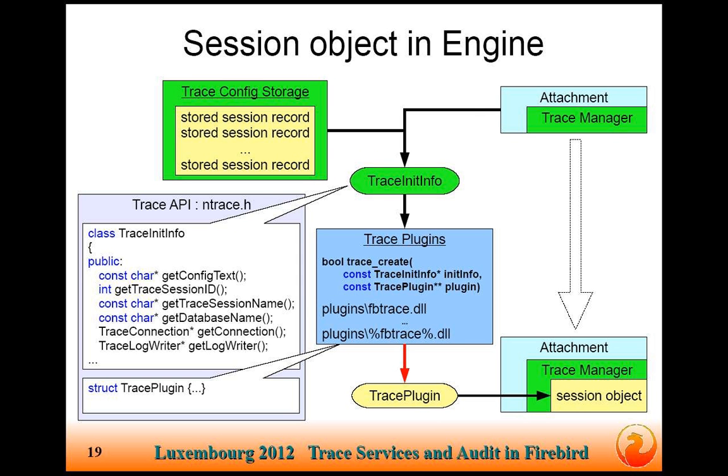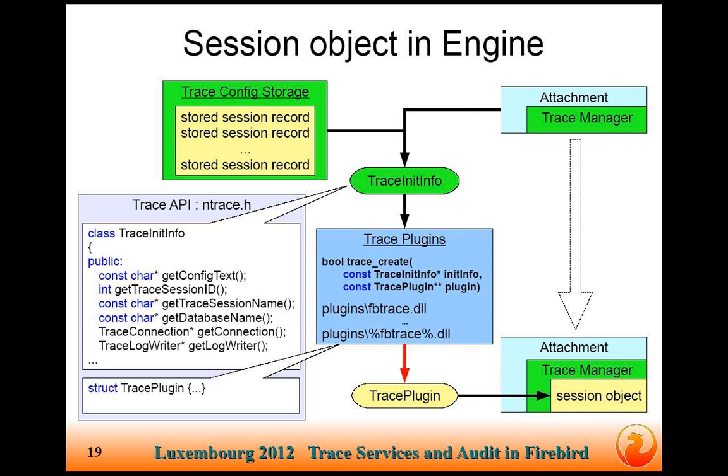Trace plugins are shared objects, a DLL on Windows or a shared object on Linux. This is a DLL of a special format. It's placed in the plugins subdirectory and it should export a special function, trace create. So the trace manager creates the trace init info structure and passes it into every plugin it finds.